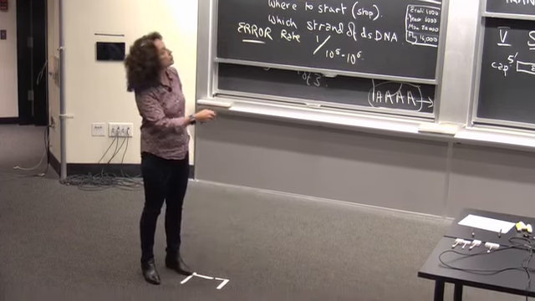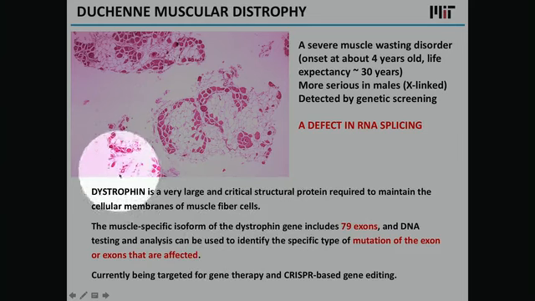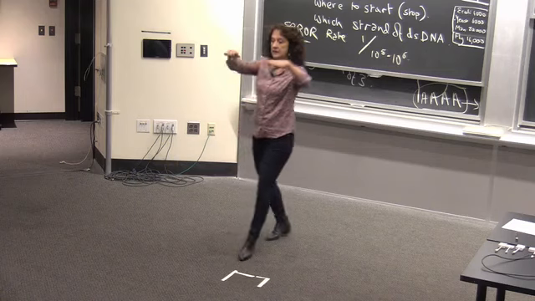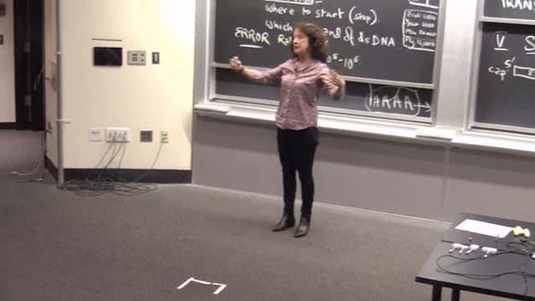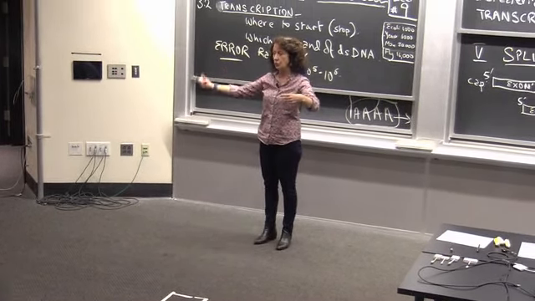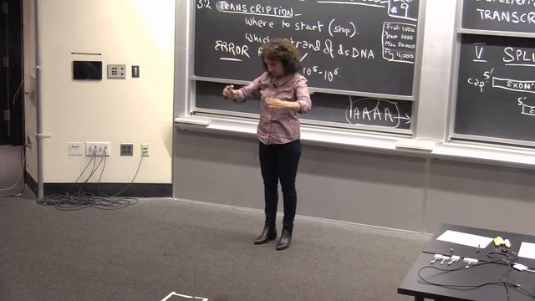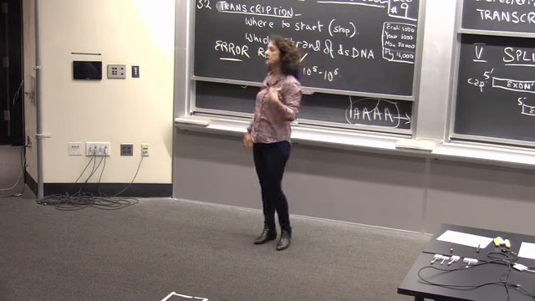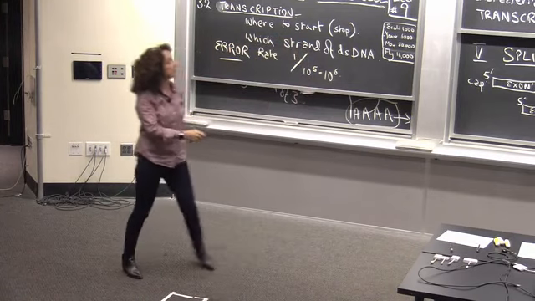And it's all related to a protein known as dystrophin, which is a huge protein, and it's a critical structural protein that's important to maintain the cellular membranes within the muscle cells. So if dystrophin is no good, the cell membrane integrity is no good, and you just end up with losing the muscle cells at the cost of replacing them with fat cells in the muscle.